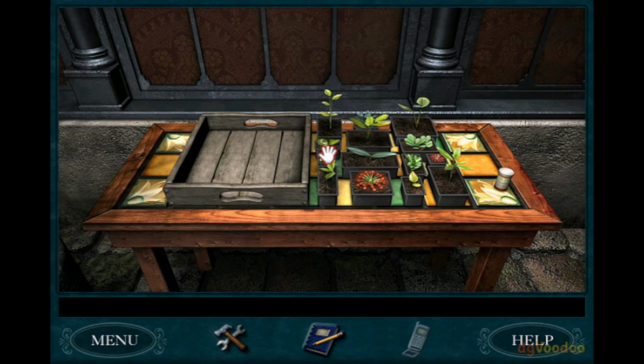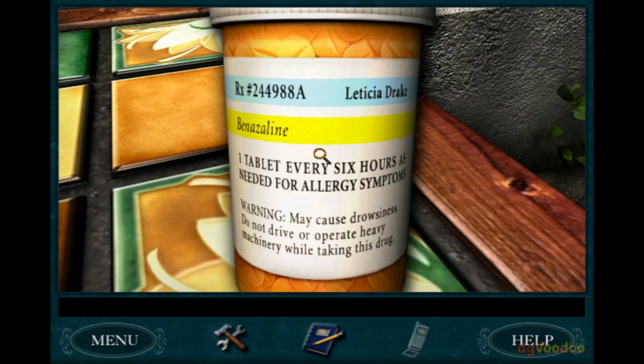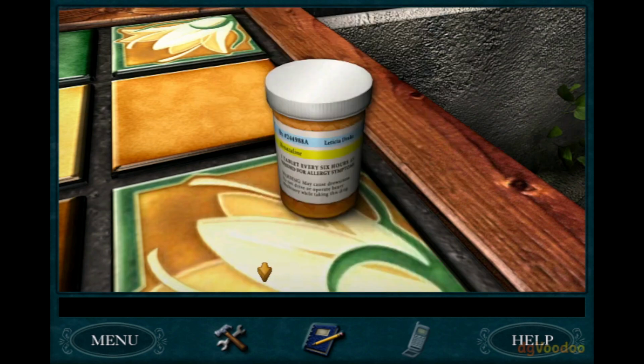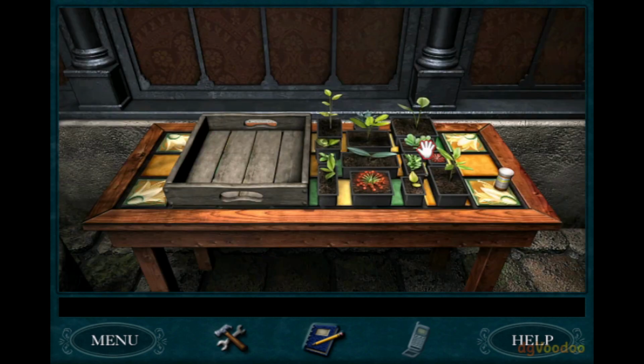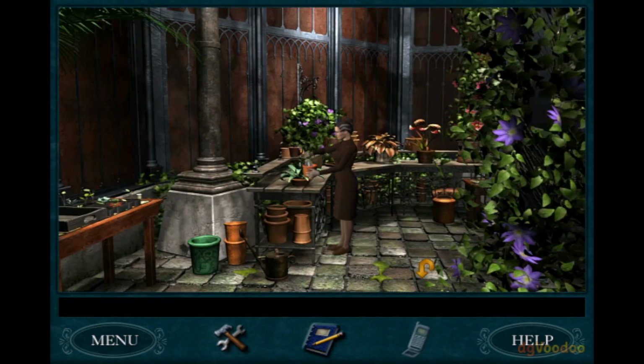Okay, so that's something. Messing with her plants is probably not a good idea. Yeah, probably not. Letitia Drake. Needed for allergy symptoms. May cause drowsiness. Messing with her plants is probably not a good idea. Okay, so can't do anything else there, but we did see those allergy tablets.